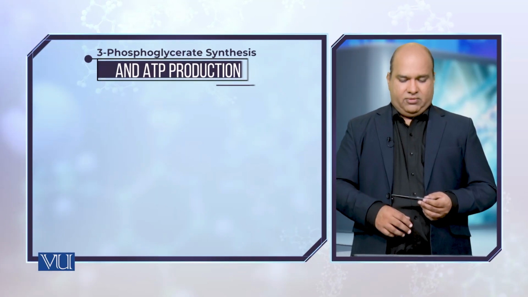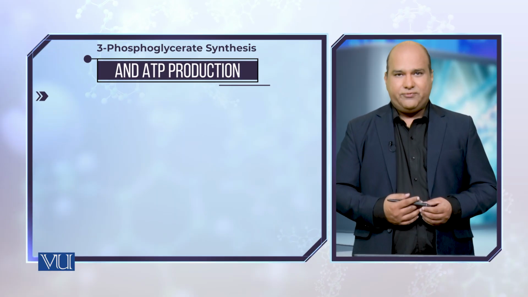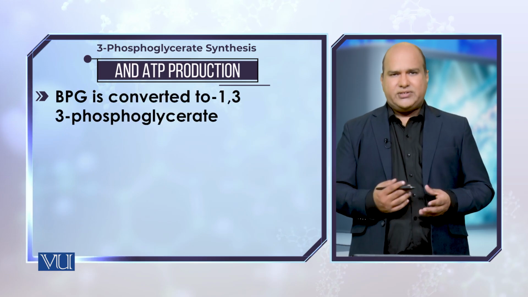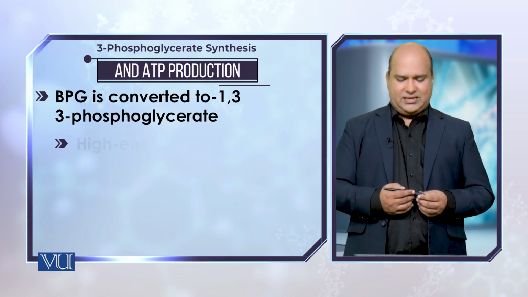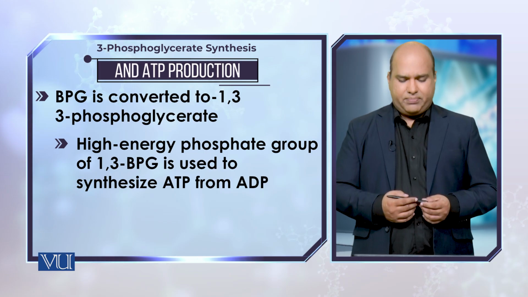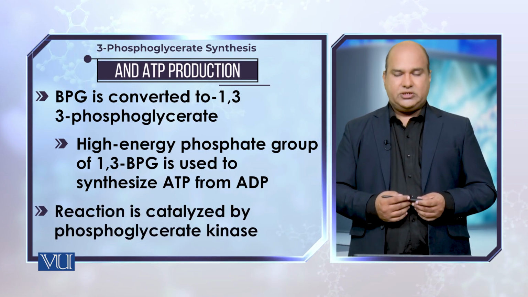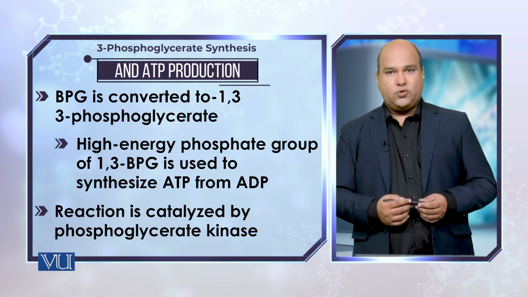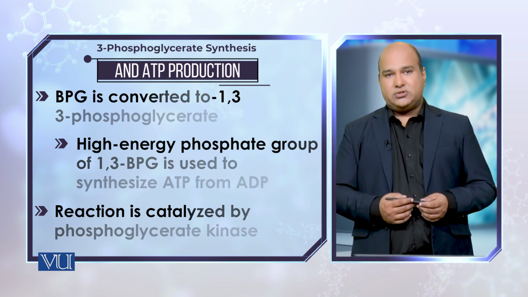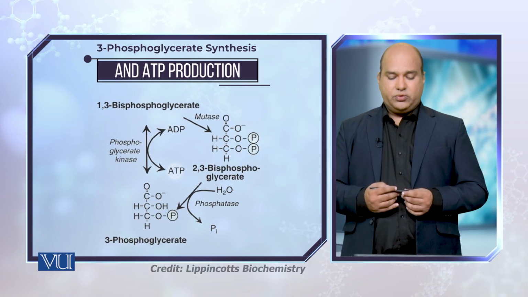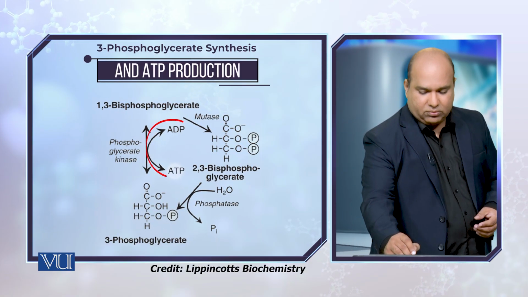Then we have another very important reaction, which has certain variations in different cells. The 1,3-biphosphoglycerate gives rise to 3-phosphoglycerate. This is a very important reaction, because in it you get an ATP molecule.